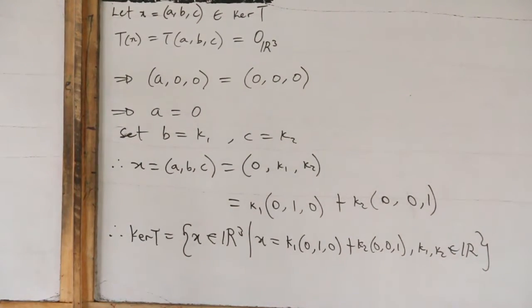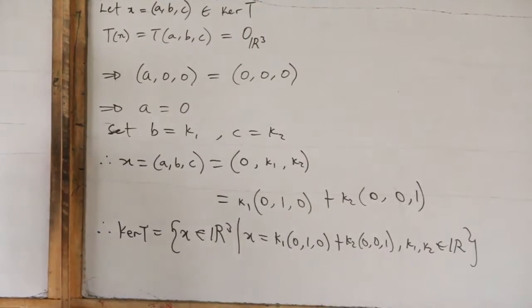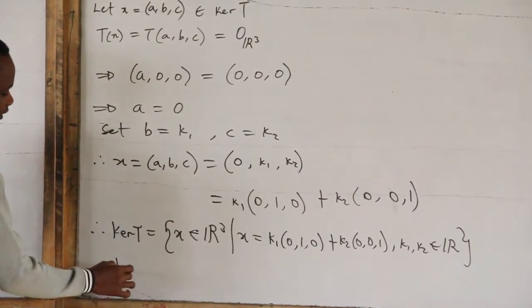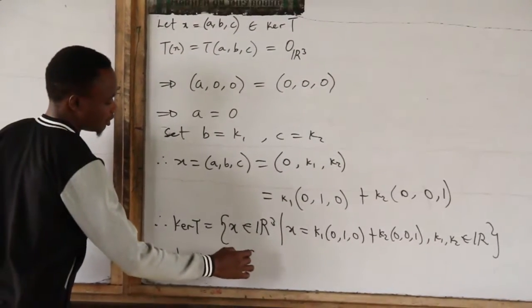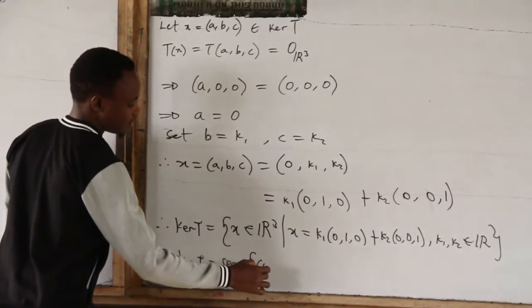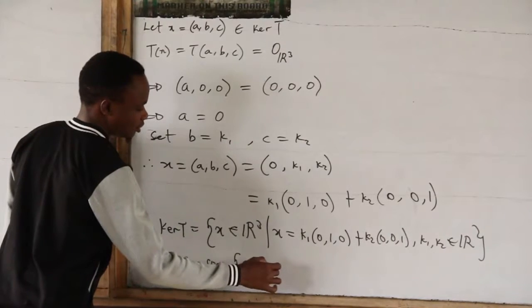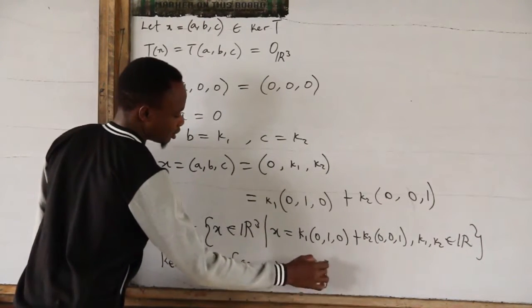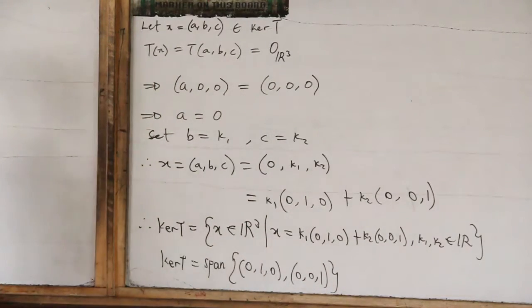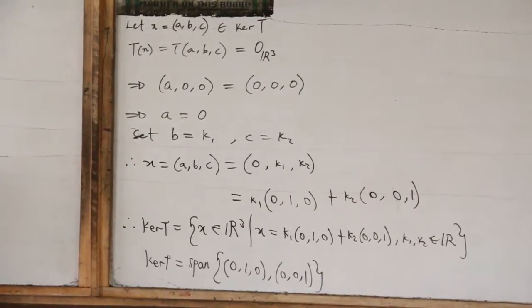That will be the definition of ker T. Alternatively, I can write that ker T is equal to the span of the set 0, 1, 0 and 0, 0, 1. So I can define ker T in either way.